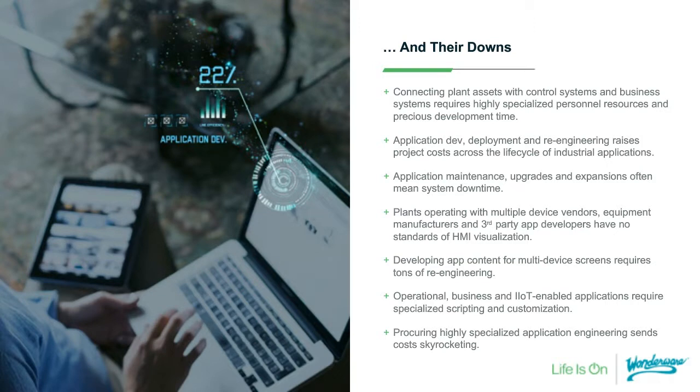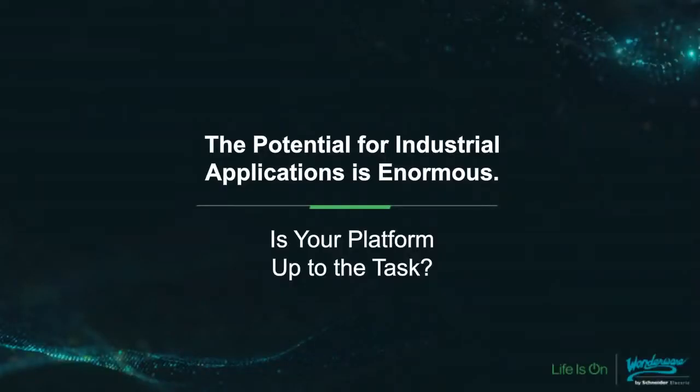Operational, business, and Internet of Things enabled applications require specialized scripting and customization that often reduces the number of people able to participate inside of those systems, and procuring highly specialized application engineering could send costs skyrocketing. And these are the areas that we focused on in 2017, addressing them head-on inside of the key capabilities that we worked to deliver inside of System Platform 2017.